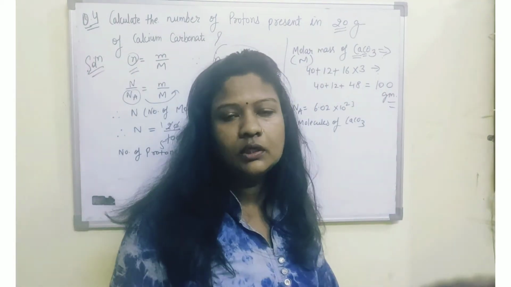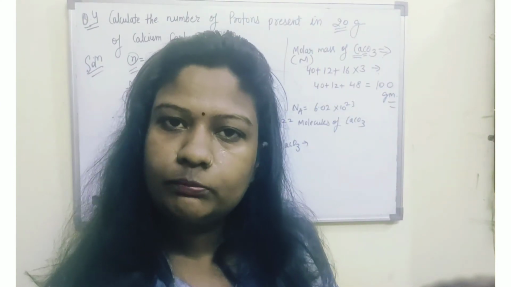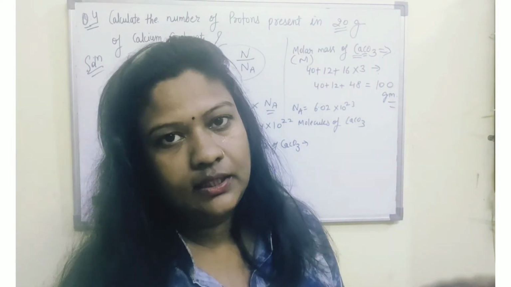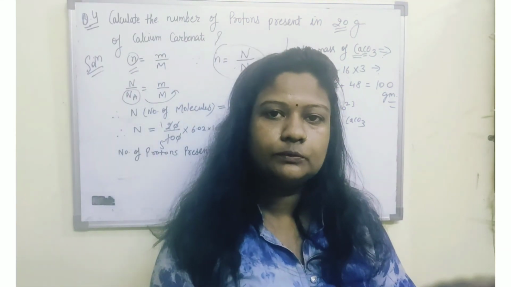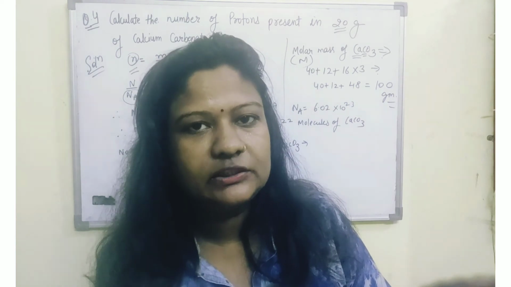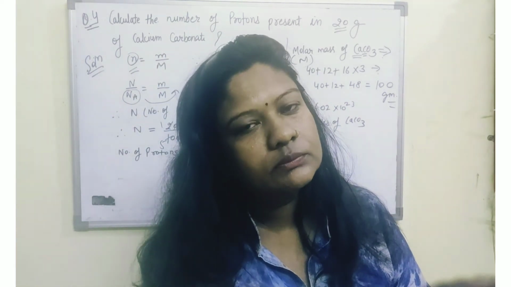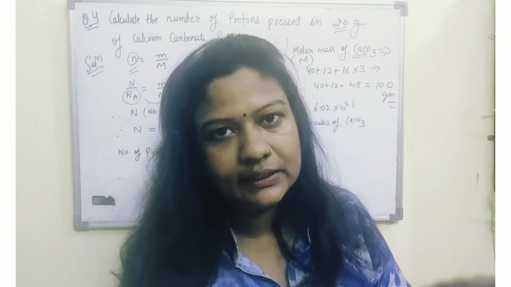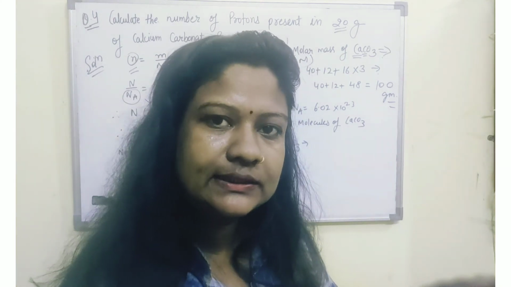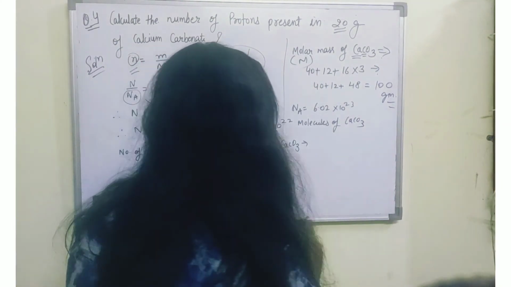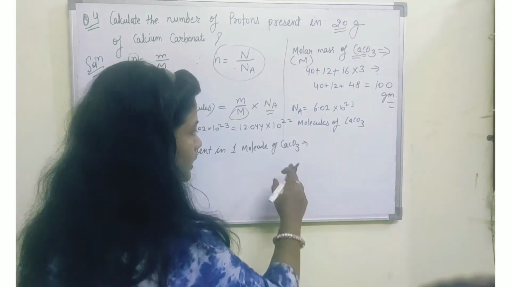You know that the atomic number of any element is equal to the number of protons present in it. Correct? We have studied this in 9th class. For example, the atomic number of calcium is 20, so the number of protons present in calcium is 20. The atomic number is equal to the number of protons present in its atom. So one molecule of CaCO3 contains how many protons?